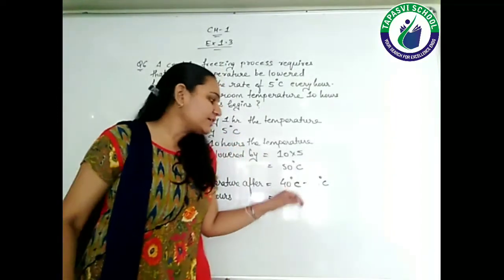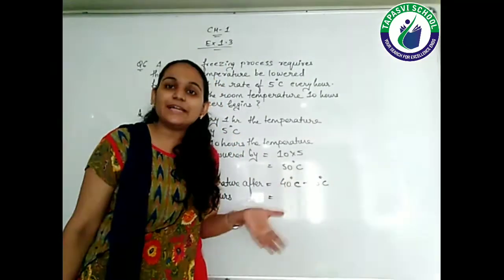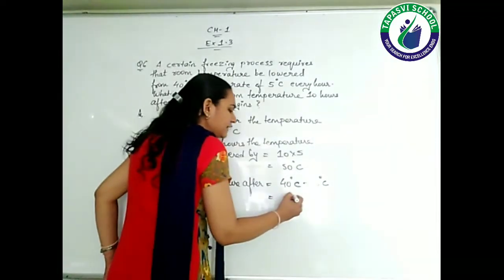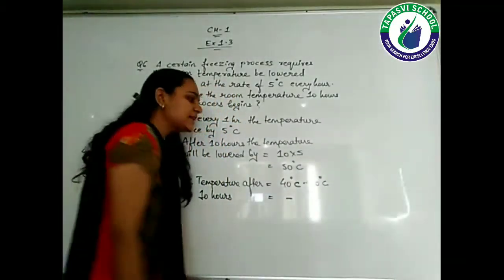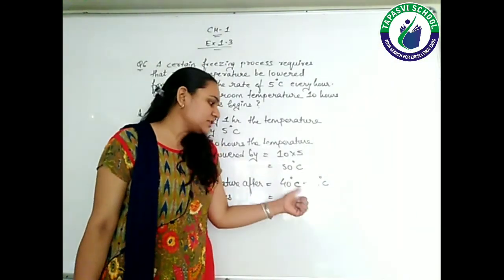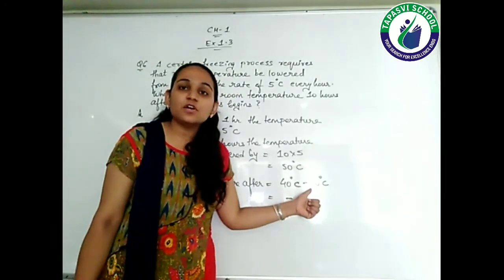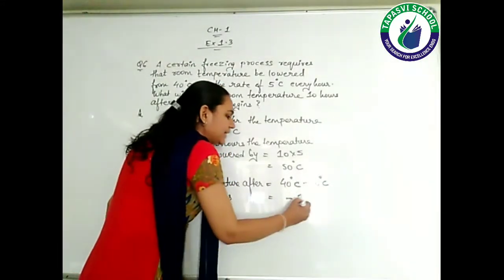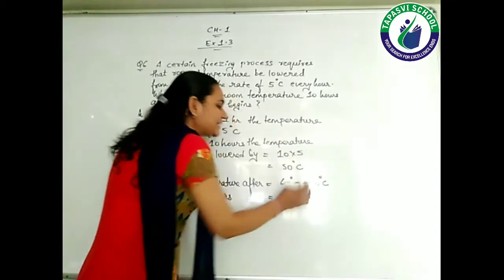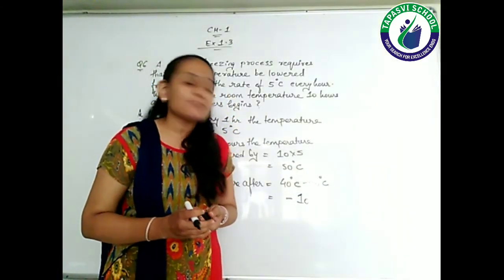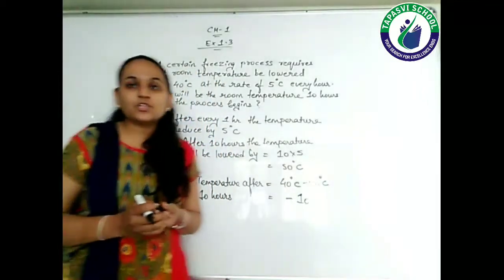The initial one is smaller, 50 is greater, so obviously your answer will be negative. Now it's addition and subtraction of integers, students. One is positive, another is negative, so we will do the subtraction. 50 minus 40 is 10. And as 50 is greater, I am giving the sign of 50 to this answer. That means it is minus 10 degrees Celsius, right?